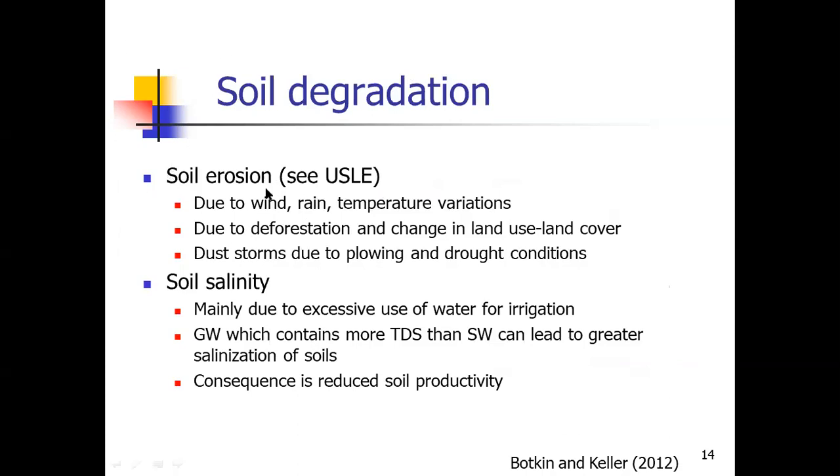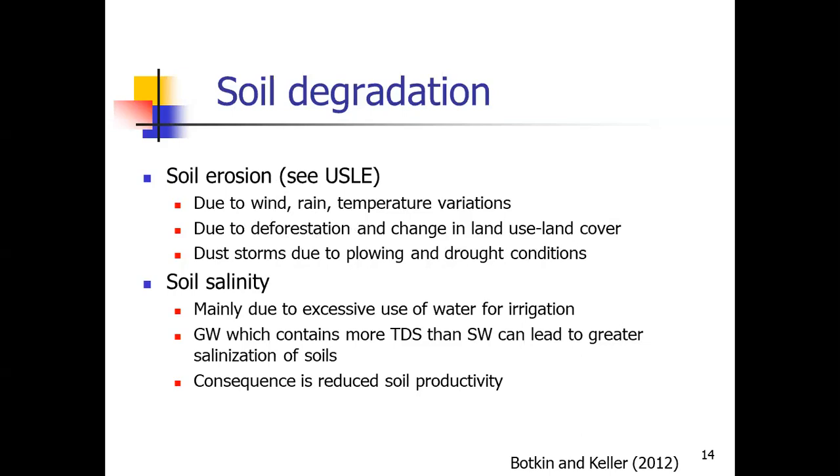What is soil erosion? Soil erosion happens because the topsoil is removed from its location by wind, rain, and temperature variations. Because of that, you get loss of productivity. This can also happen due to deforestation. It can happen due to land use and land cover changes.